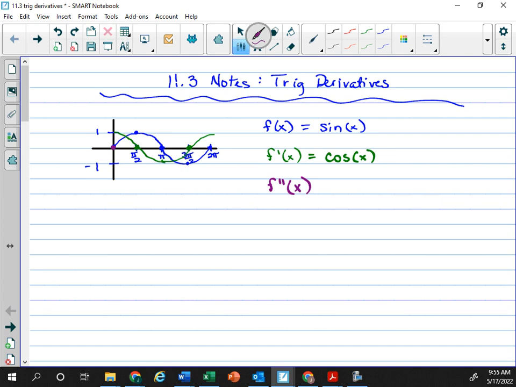All right, put this one in purple. Is that what your graph looks like? Yeah? Okay. What is the equation of that graph? Andrew? Minus sine x. Yeah.